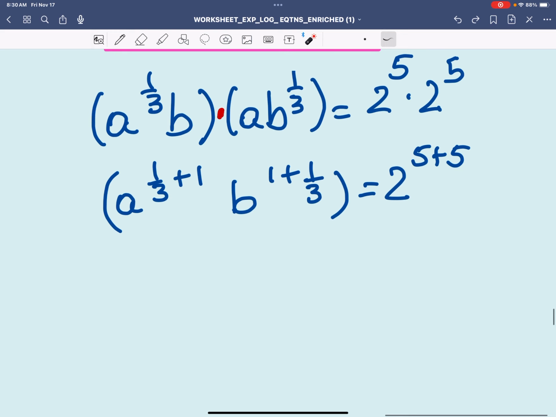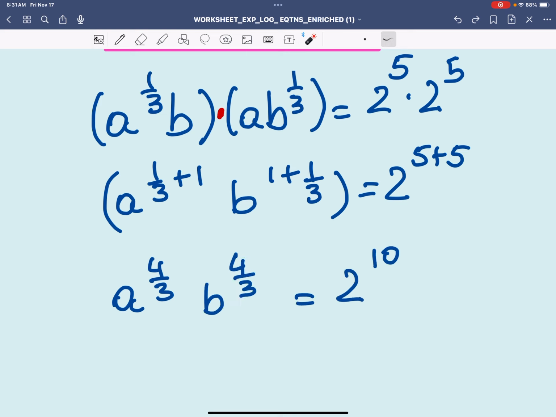Okay, so let's simplify now. I'm getting excited here because look at this. The powers now at least are the same. They're not equal to 1, but they're the same. So that's a good sign. So we have a to the power 4 over 3 times b to the power 4 over 3 is 2 to the power of 10.